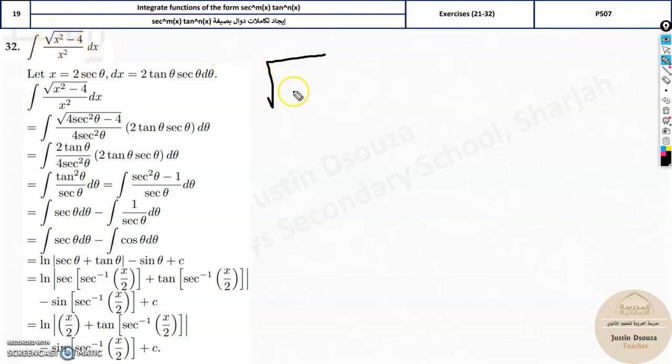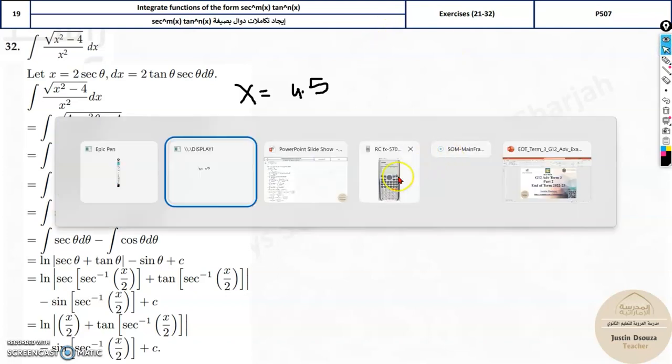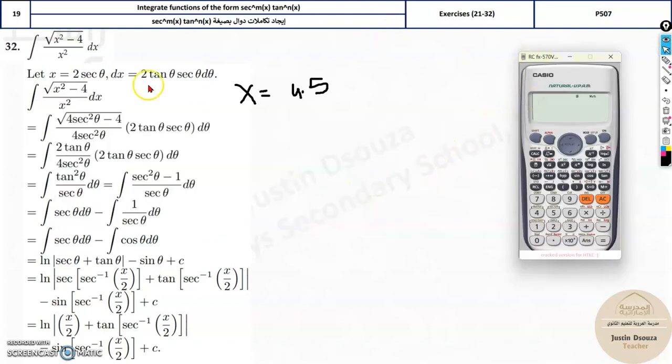So let me just take 4. No, let me take 4.5 simply. You can't take 0 or 1. You can't take 0.5. It'll give you an error over here. So let me take x of 4.5. X is equal to 4.5. I can take 2.5 as well. It's up to you guys. You can just take a random value, but make sure you will get an answer.